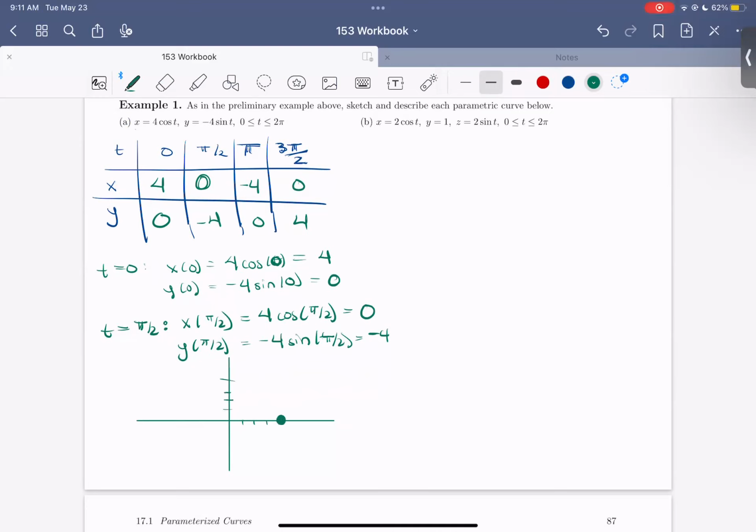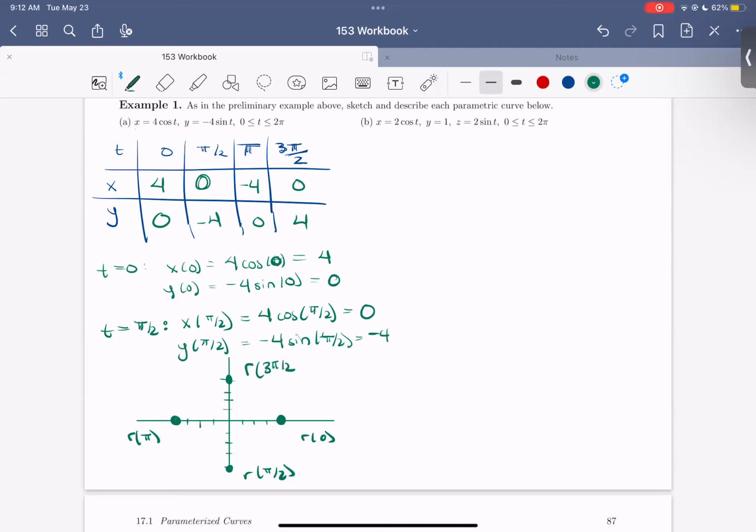And I have 0, negative 4, so now we're down here. We could write r of 0, r of pi over 2. Then at pi, we are at negative 4, 0, r of pi. And our final point is up here at 0 and 4, r of 3 pi over 2.